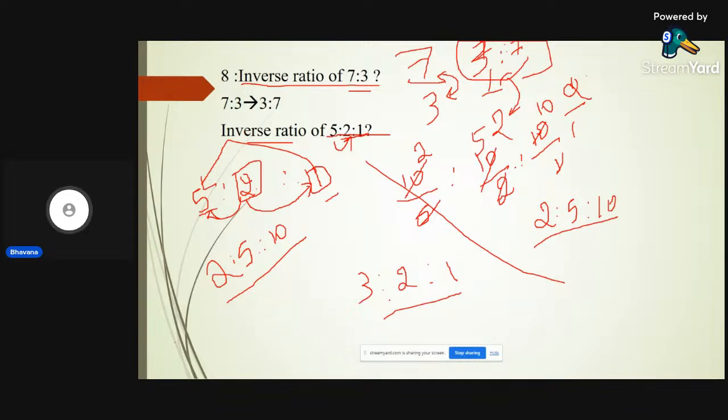So what is the answer for this? Yes, the answer is 2 is to 3 is to 6.